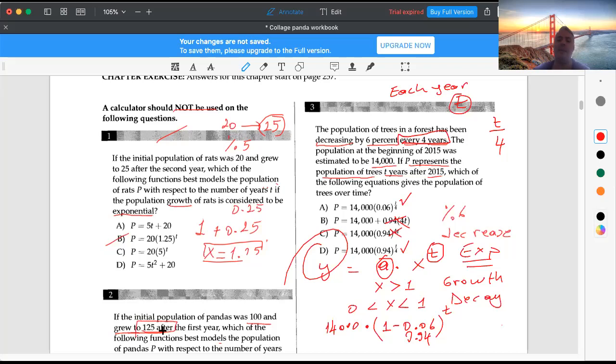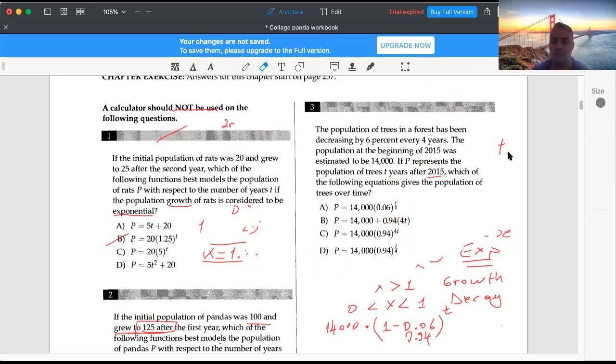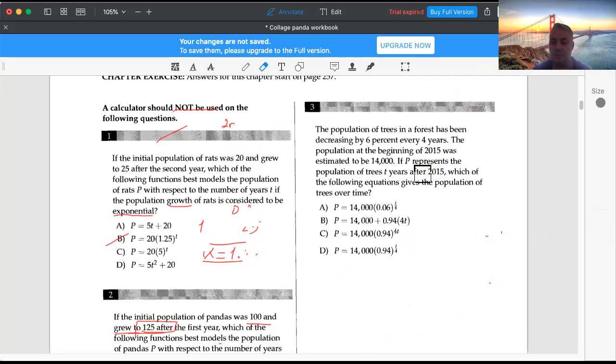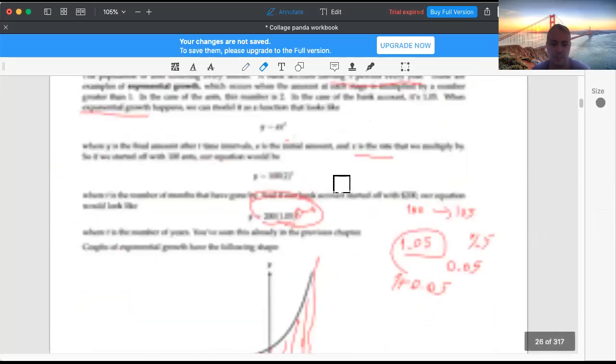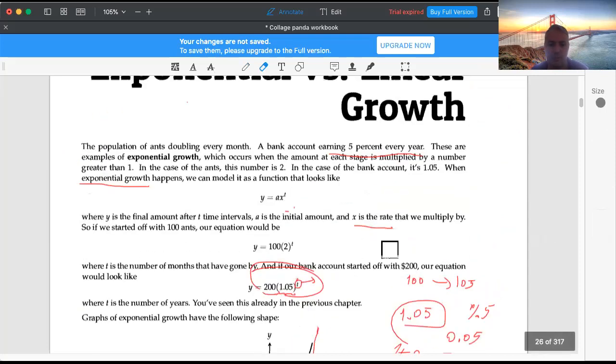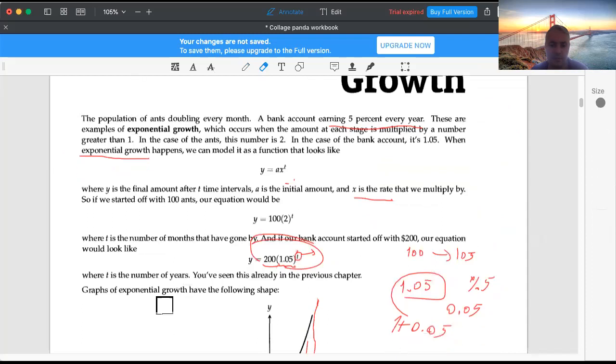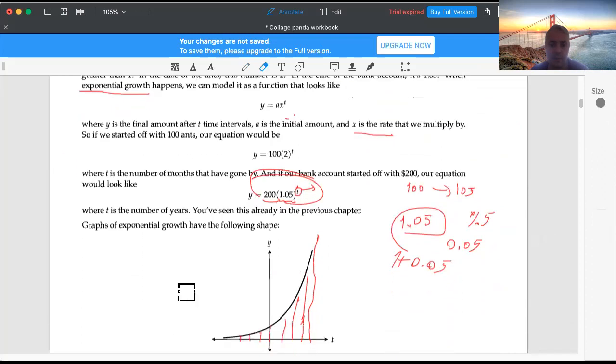Okay, one more time, let me explain. The formula, t is the number of years.